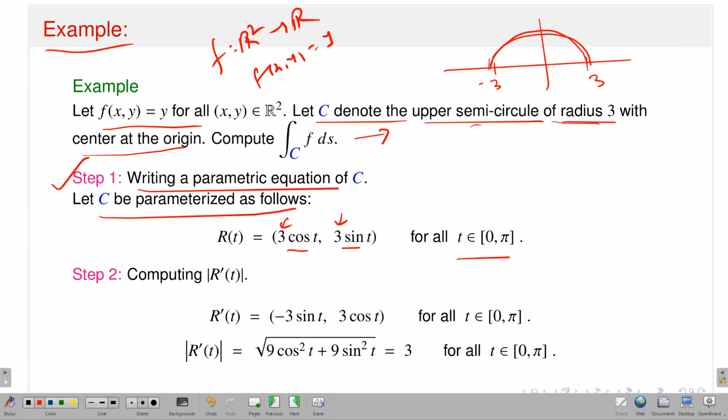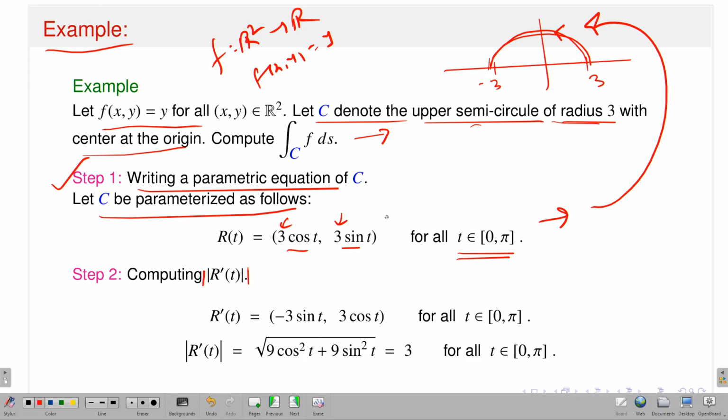And since I am not talking about the full circle, only the upper semicircle, instead of t running from 0 to 2 pi, it should vary from 0 to pi. So, that is the parameterization of this curve C. Then you have to calculate the norm of R prime t. Now, once we have R of t, you can easily calculate the norm of R prime t.